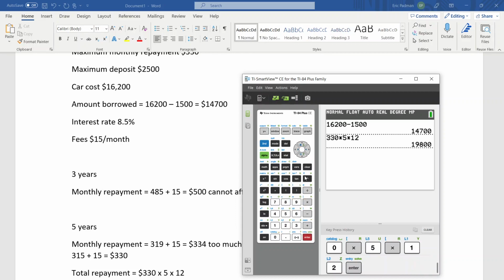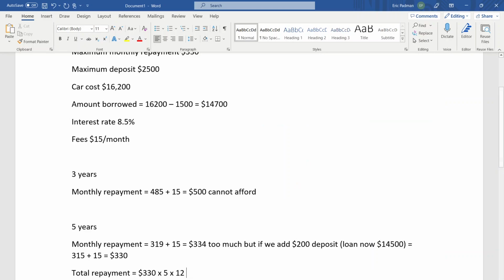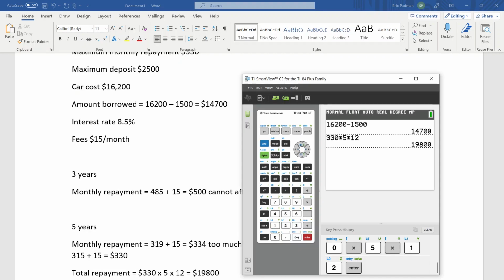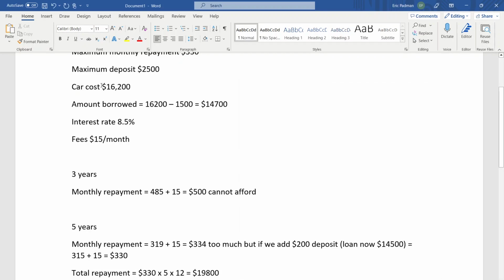All right, so you borrowed 14,500 and you see in 5 years you've had to pay an extra $4,300 in total, but you pay it off in 5 years.